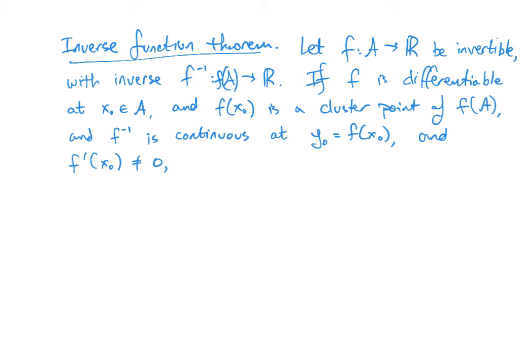Remember our very first result in differentiability said if you're differentiable, then you're continuous. So we really have weakened our hypotheses here. We've changed from differentiable down to continuous. Okay, you got all that, then your conclusion is that the inverse is differentiable there. And obviously the formula has to be the same as the one we did earlier.